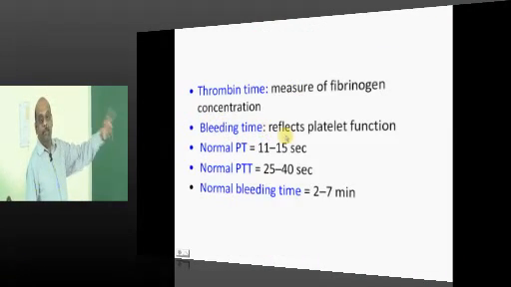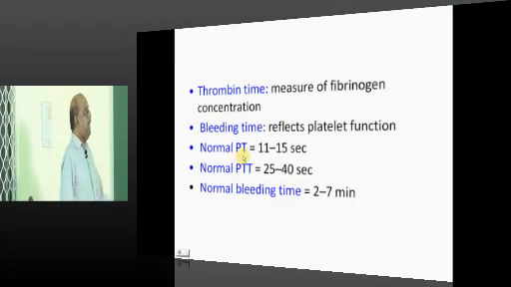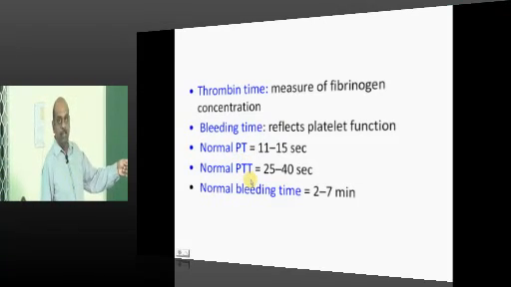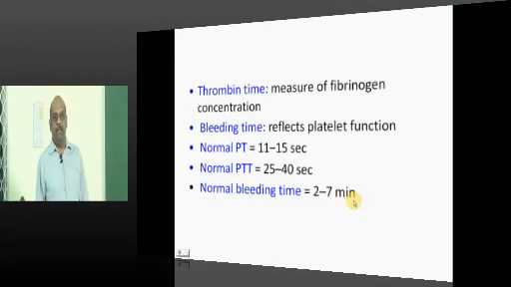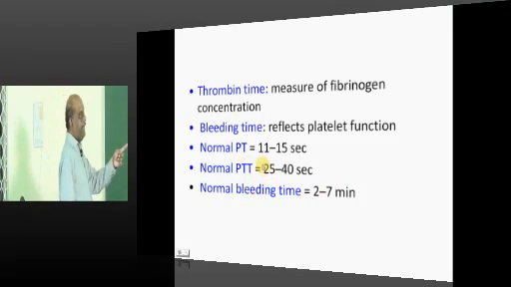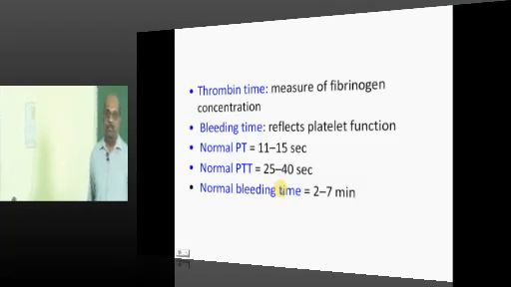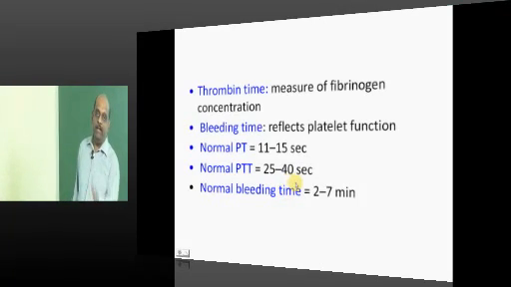Then bleeding time reflects platelet function. Normal bleeding time is 2 to 7 minutes, and PT, APTT is 25 to 40. Those who are receiving heparin will have prolonged APTT because factor 8 and factor 10 are the ones which got affected.